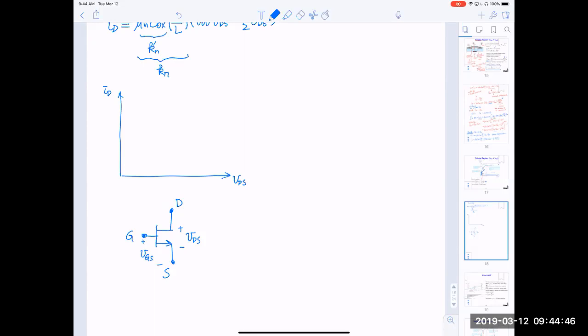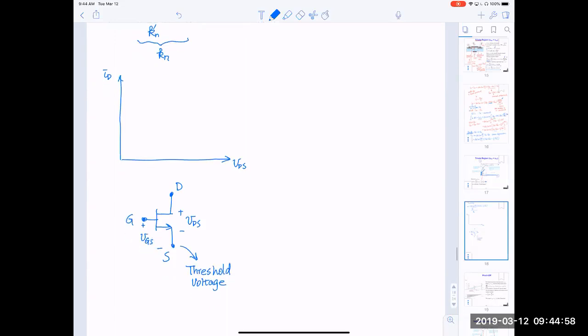And the transistor usually has a threshold voltage. So we assume the threshold voltage to be VT. And we usually write VT subscript N to explicitly indicate this is a threshold voltage for NMOS.